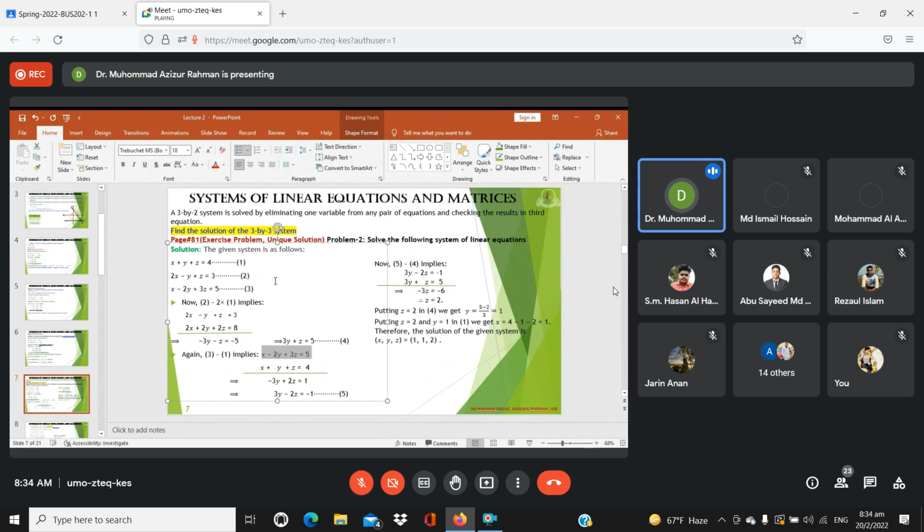And we use equation number 1 here: x plus y plus z equals 4.